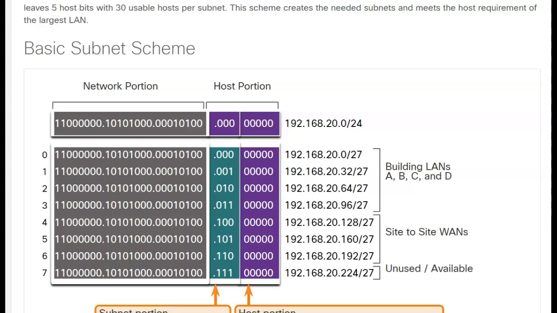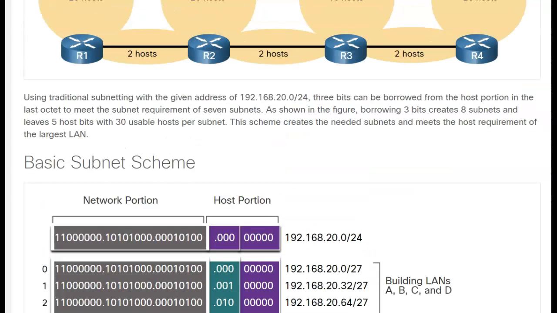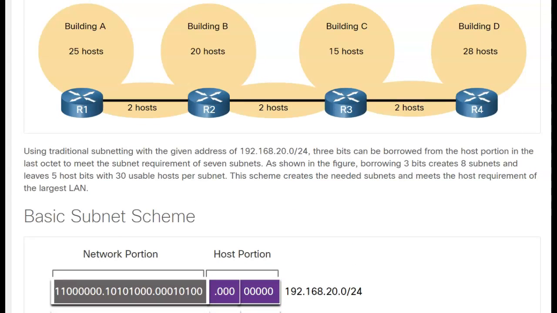So basically I'm subnetting the subnet. I had 254 possibilities. When I looked at the scheme up above, it says I've got 30, 25, 20, 15, and 28.